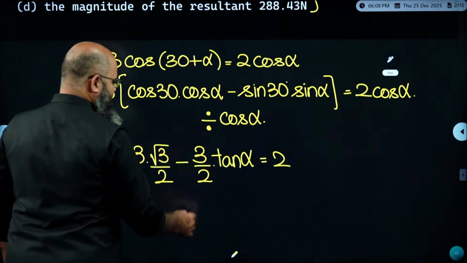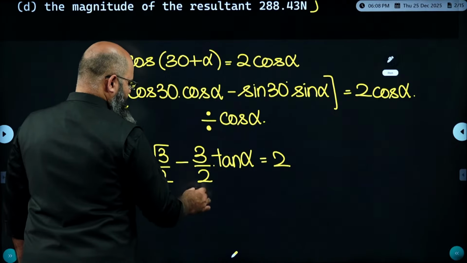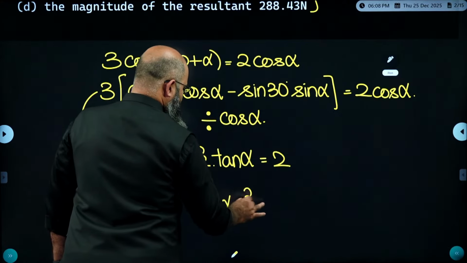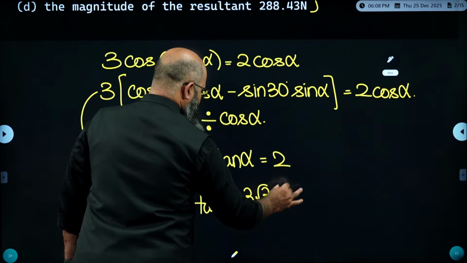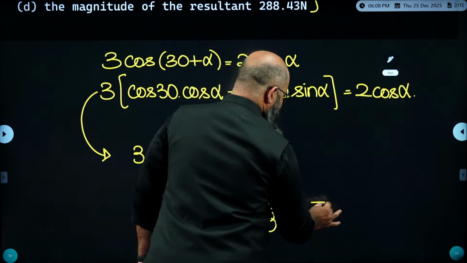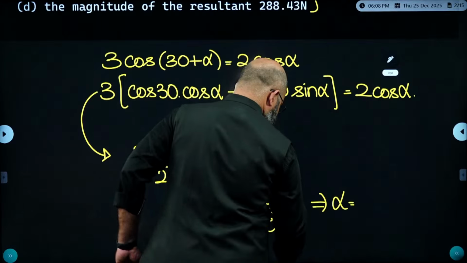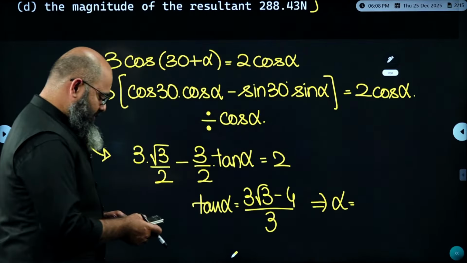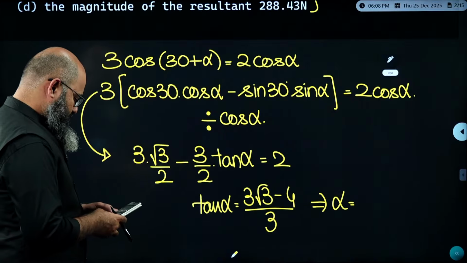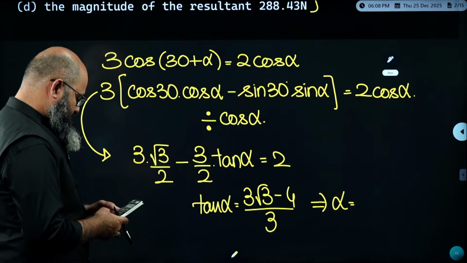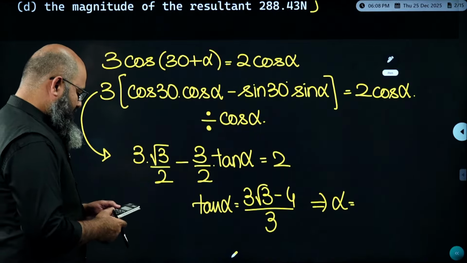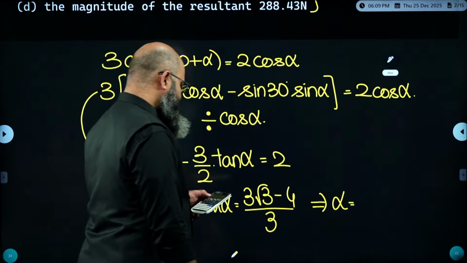So tan alpha is equal to 3 root 3 minus 4 divided by 3, which implies alpha is equal to tan inverse of this value. I do the calculation, tan inverse of this, and I'm getting the answer as 21.738.